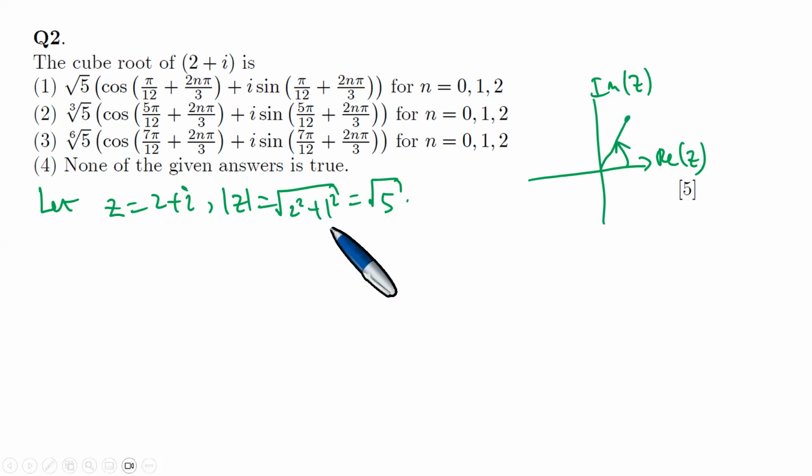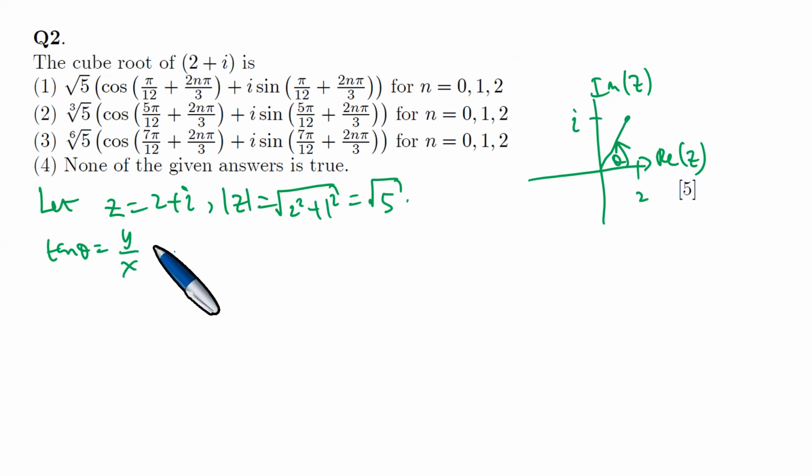Because this complex number has x as 2, you can call this angle theta. So you'd have the tangent of theta, which is y over x. What is y? y is 1 out of 2.